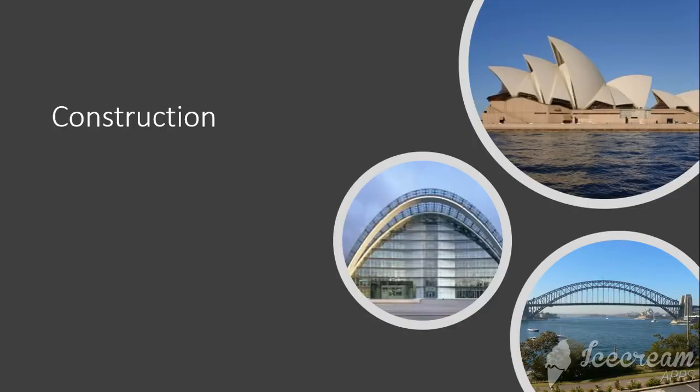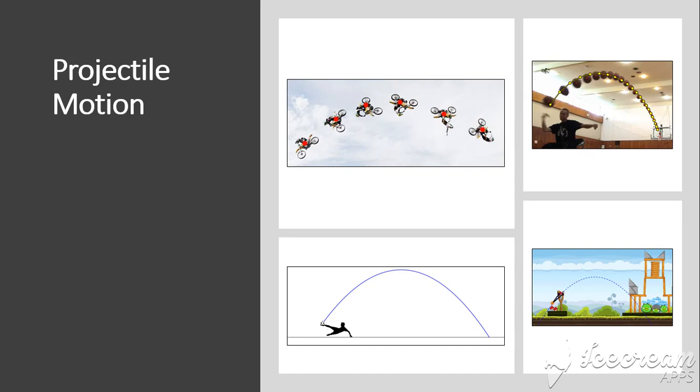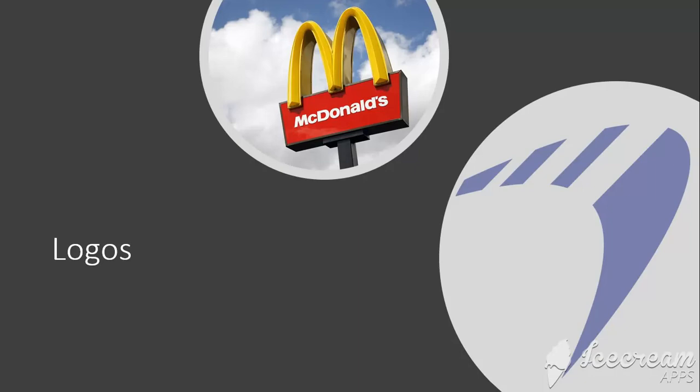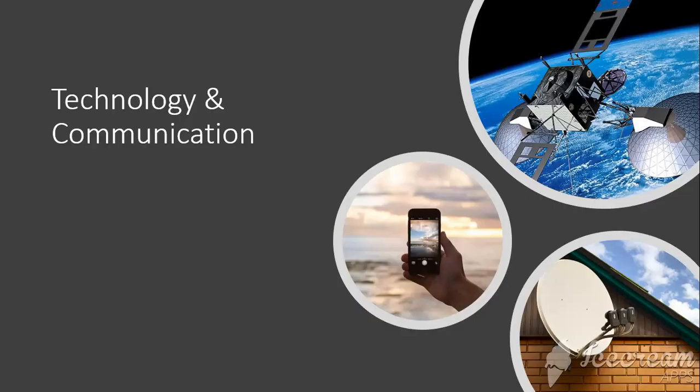So, parabolas have allowed us to create all sorts of amazing buildings over the years. They've allowed us to analyze and do all sorts of complicated projectile motion. They've allowed us to do amazing entertainment, create awesome logos, and probably one of the most vital parts of our world today is parabolas have allowed us to develop complicated technology and communication skills.